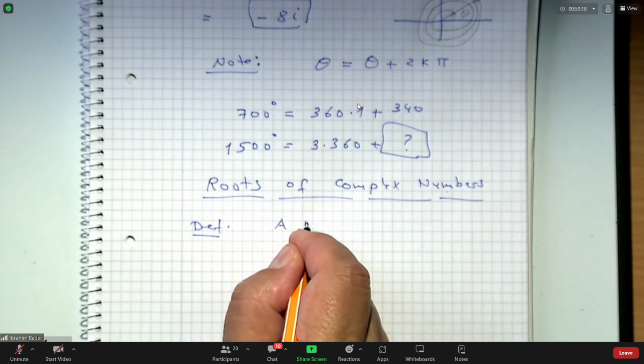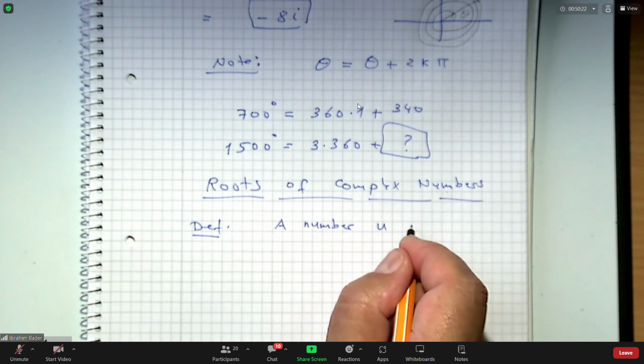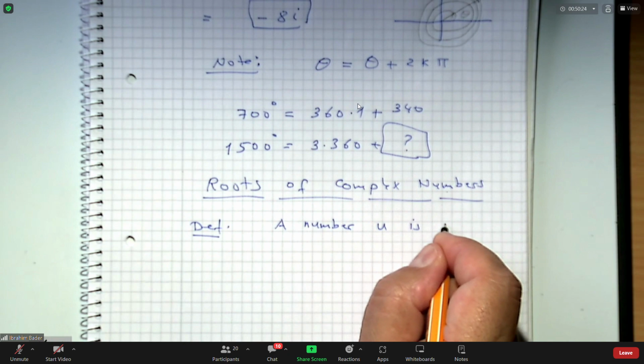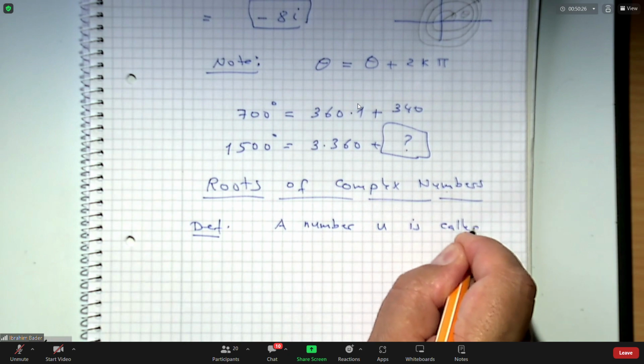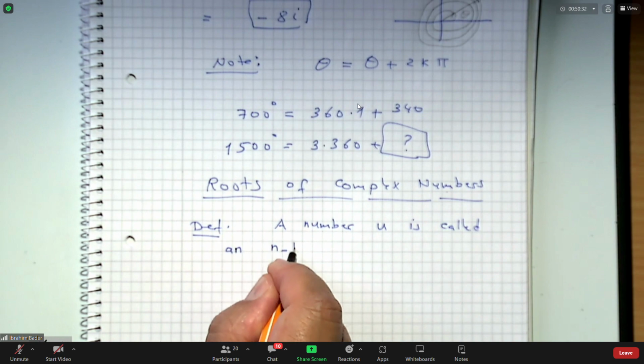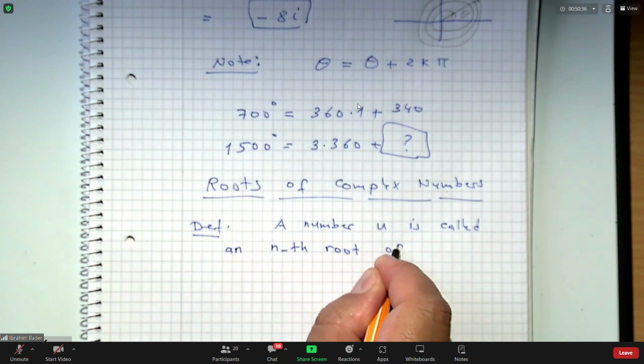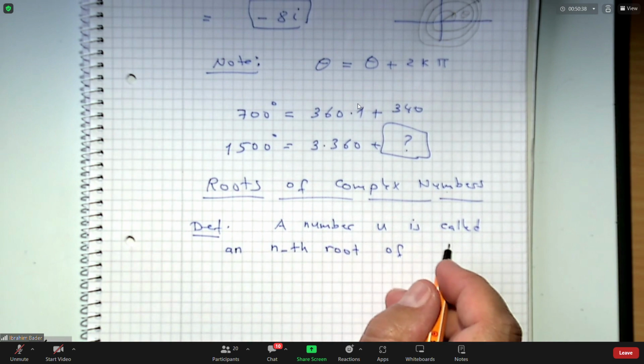So a number, let's call it u, is said to be an nth root of another number z.